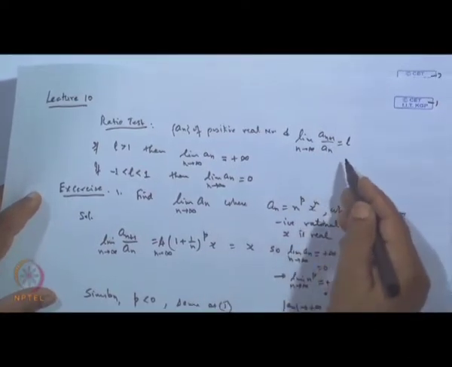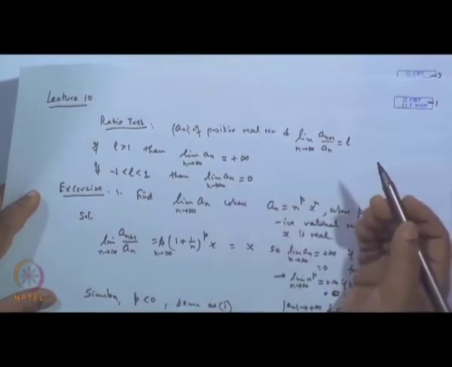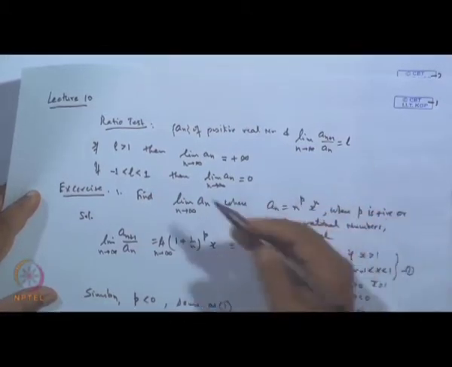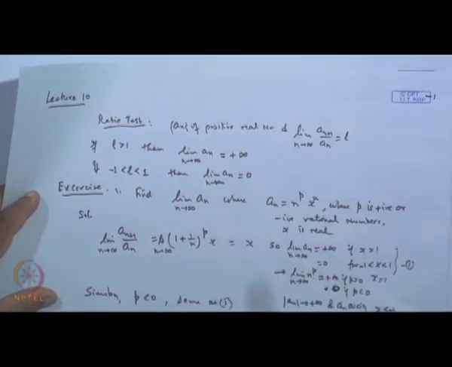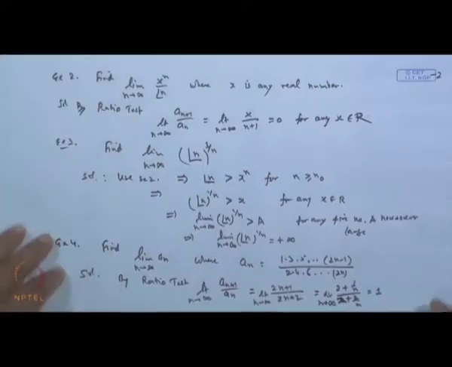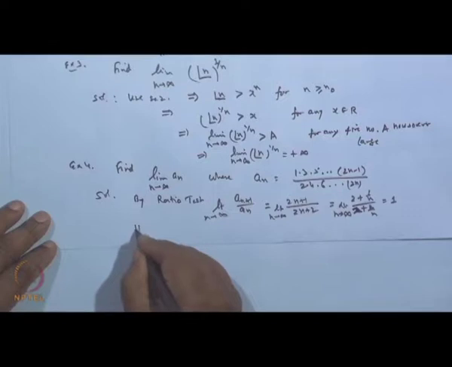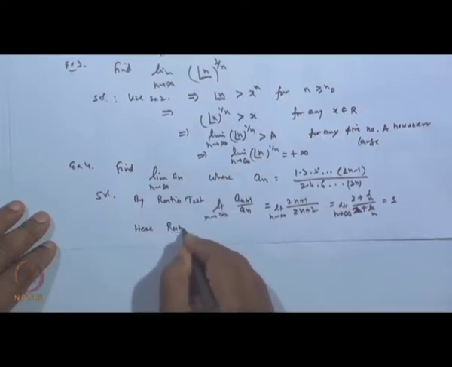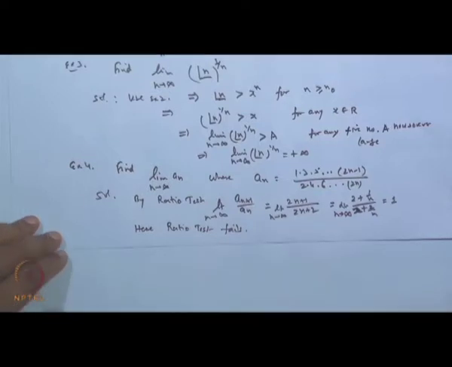When L is 1, the sequence a n may converge or may not converge, because it depends on the type of the sequence. We cannot say the limit is 0, or infinity, or finite. We have to compute that. So, here the ratio test fails. We are unable to get it.